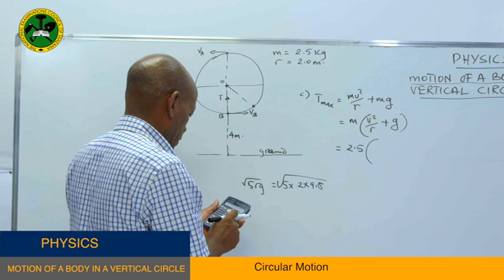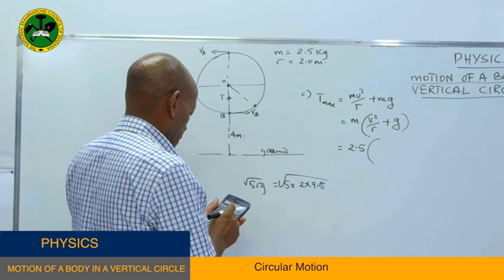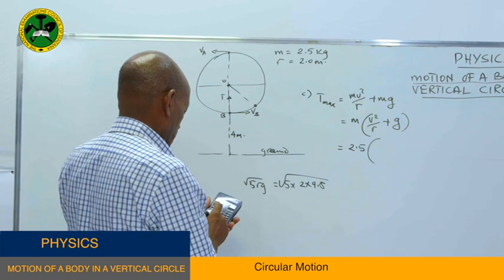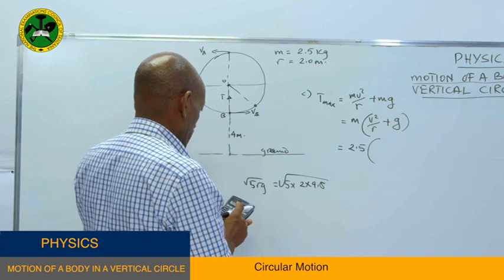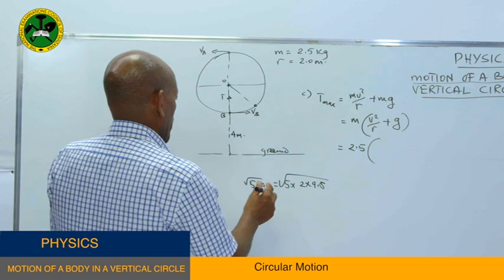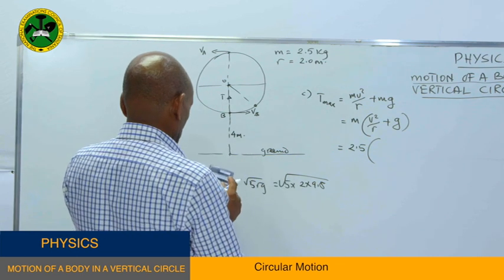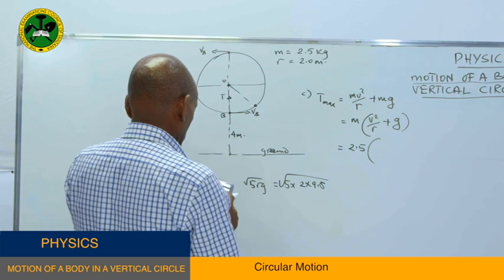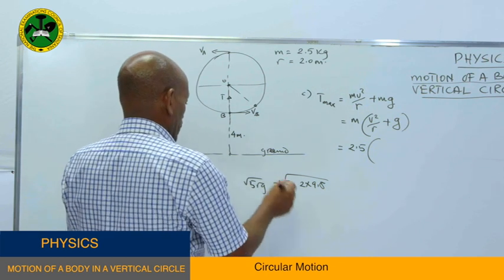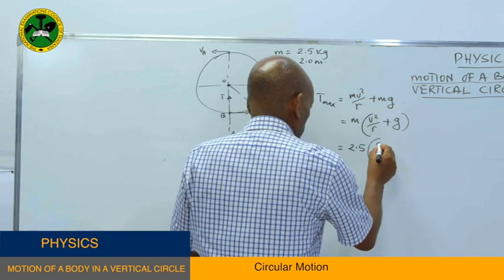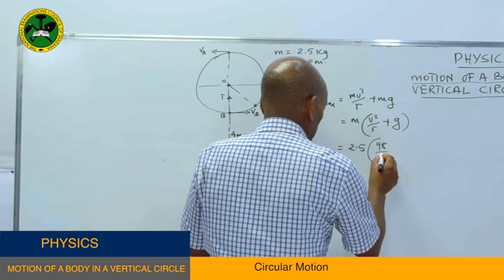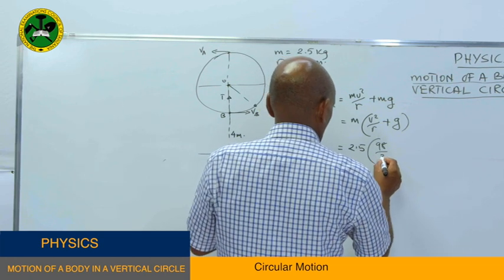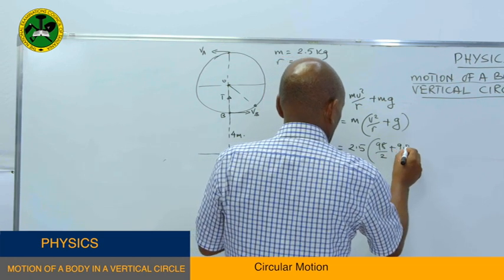That is 5 times 2, the radius is 2, times 9.8, which is 98. The square root of this will be equal to 98. So we're taking this to be equal to 98 over the radius. Again, the radius is 2. So plus g, which is 9.8.